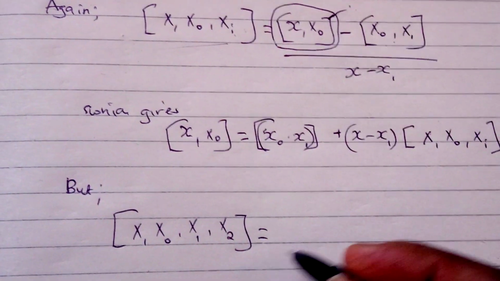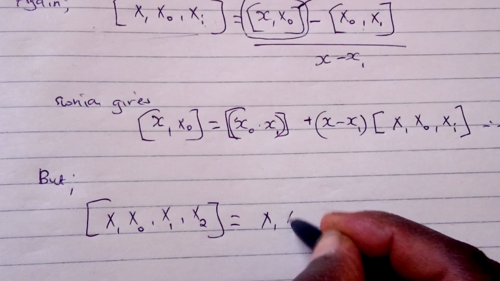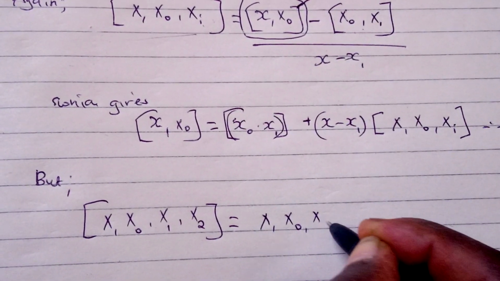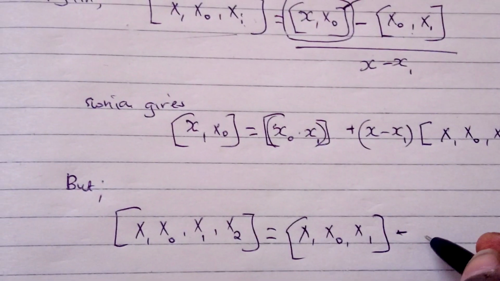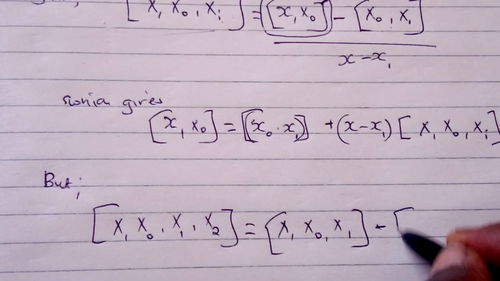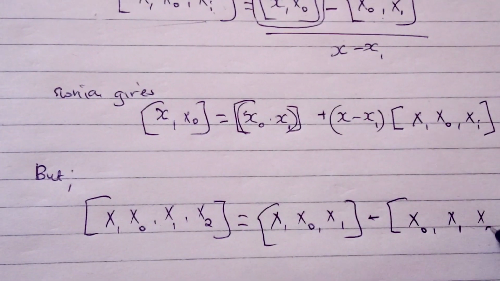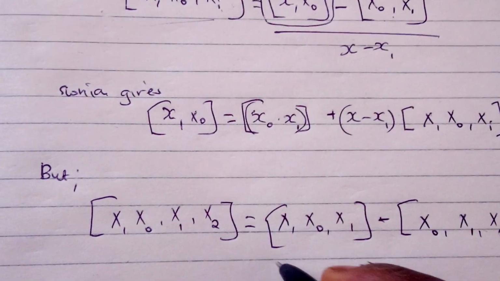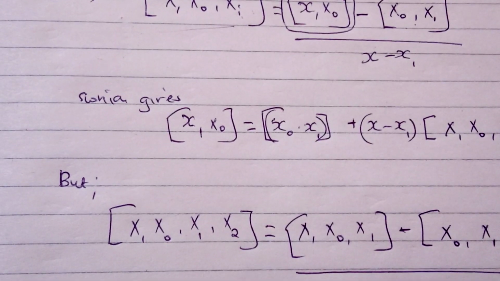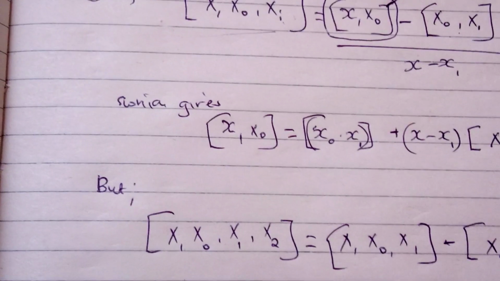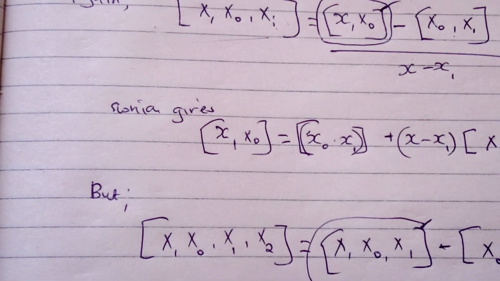We are going to use this one, x naught x1, then minus x naught x1 x2 divided by x minus x2. We put together at that point, then we make this the subject of the formula.